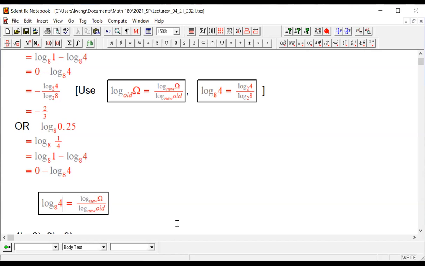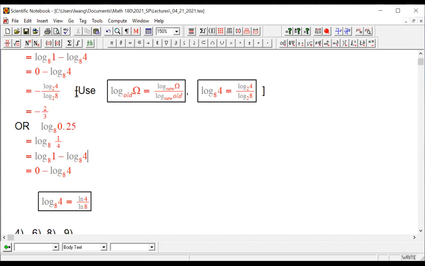Do you guys follow me? You need to write it down. The new base of my choice, I'm going to use e. Every opportunity I get, I want to try to get you guys to use e. And of course, log base e is ln.